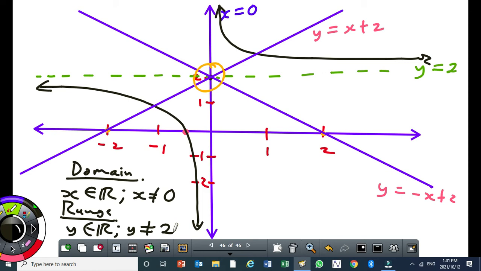If I move the asymptote by, say, 2 units to the left, the point of intersection also moves by 2 units to the left. If I move the asymptote by 1 unit to the right, the point of intersection also moves by 1 unit to the right.